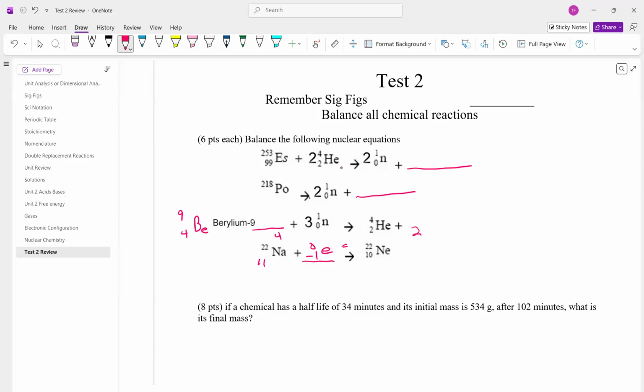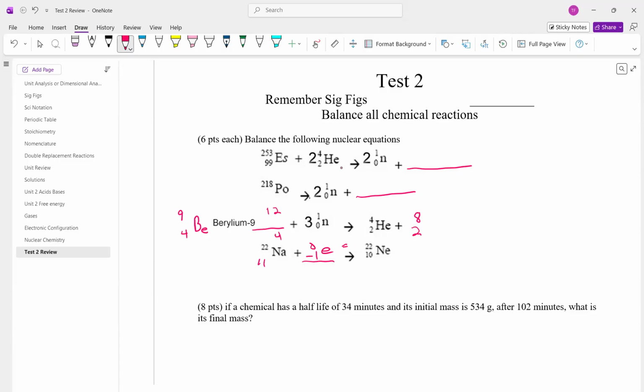Okay, what about the top here? 9 plus 3 is what? 12. 4 plus what is 12? 8. Okay, so we have a conundrum now. Do we have a particle of 8 and 2? No, but we've got one of 4 and 1.